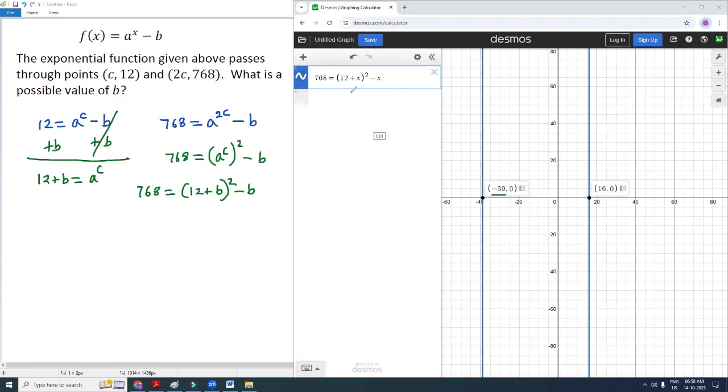These are the two values of x in this equation. Since we have taken x instead of b, we can consider negative 39 and positive 16 as the values of b. That is, b equals negative 39 or b equals 16. Therefore, a possible value of b is either negative 39 or positive 16.